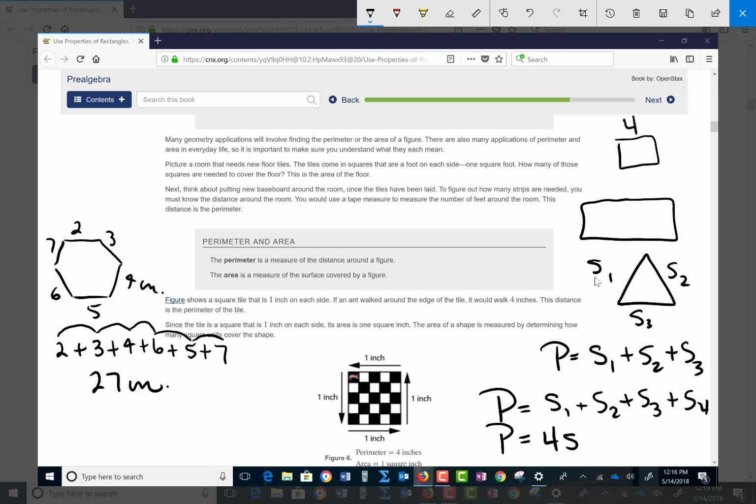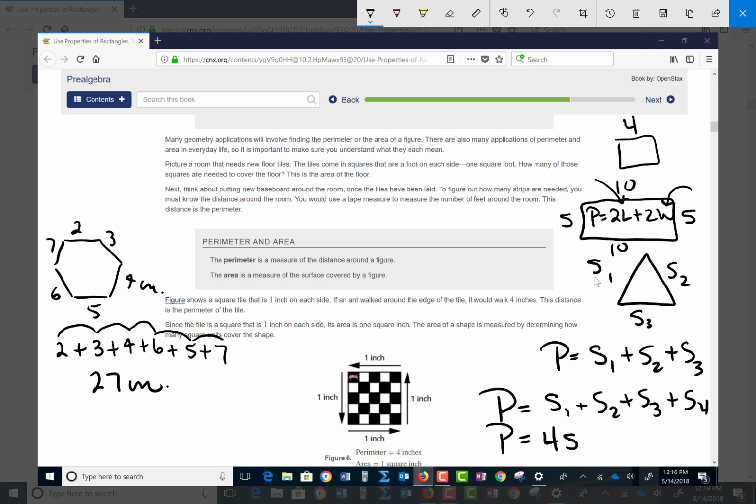For a rectangle, the opposite sides are the same. So I could either add them all up, and you'll again see S1 plus S2 plus S3 plus S4 for the perimeter, or since those two opposite sides are the same, you will see this formula, P equals 2 times the length plus 2 times the W. So if the length is 10, I would say 2 times 10 is 20, plus 2 times 5 is 10, so 20 plus 10 is 30.